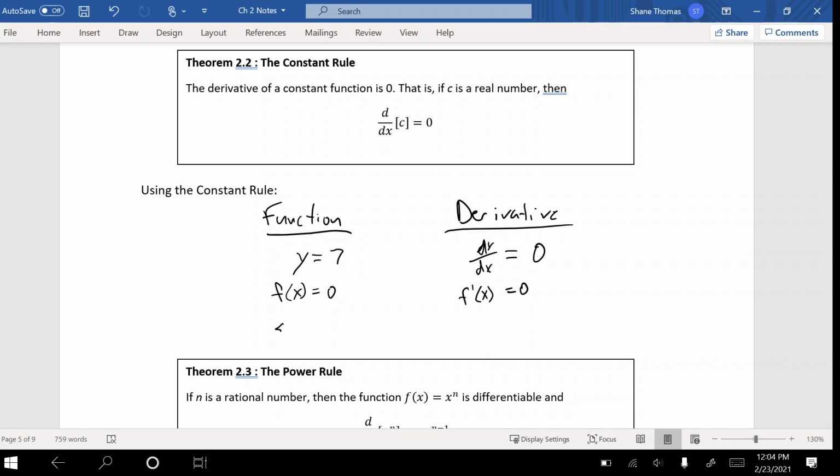And say I have s of t. S of t means nothing different. It just means f of x, just different letters. So say it's -3. So s prime of t, or the derivative of function s, would be what? 0. There it is. That's the first rule.